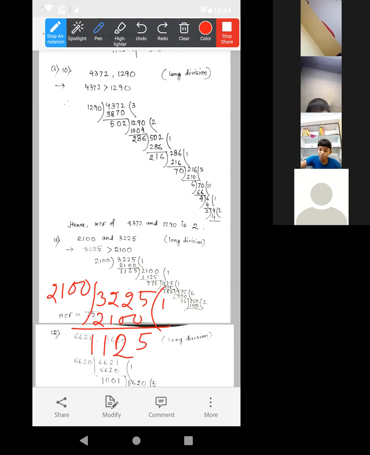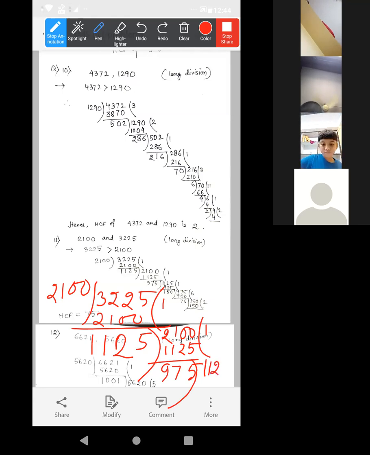1125. Now by this we have to divide 2100. We have to continue the same process until we are getting 0. So by 1 it will be this. Now subtraction, okay, it will be 5, then 7, then 9. 975, normal subtraction. Now by this 975 we have to divide 1125.